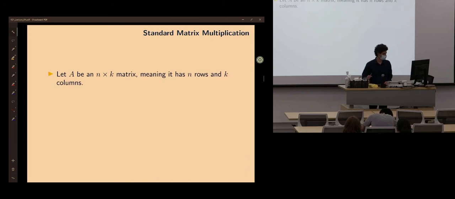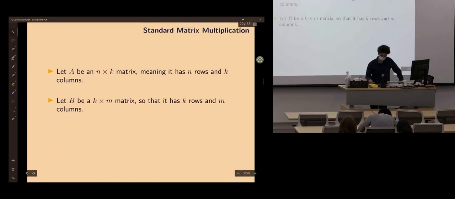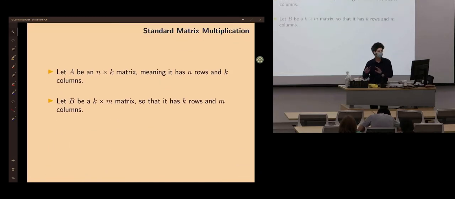And I think now we're ready to define the standard matrix multiplication. Suppose we have a matrix A, and A has n rows and k columns. Now suppose we have another matrix B. B has k rows and m columns.